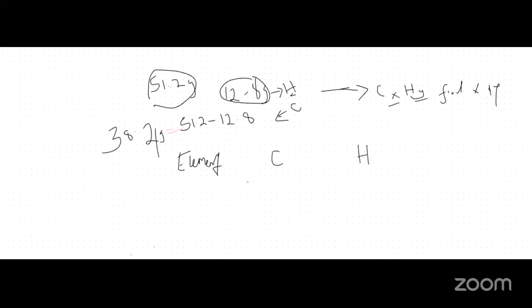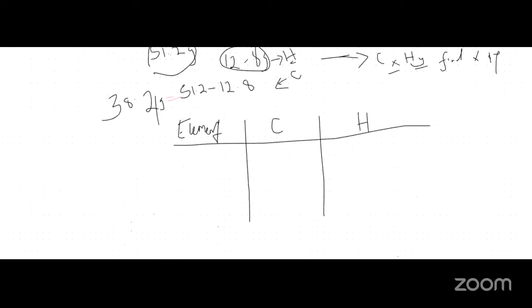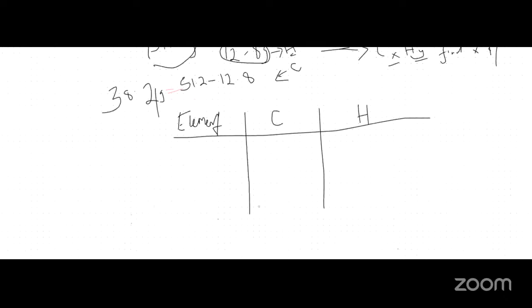I normally do this so that it becomes easier. So I have to move the board down a little so that there is enough space. Once you have written the elements, you have known the elements. What was the next thing? It is their mass. So we have the mass.